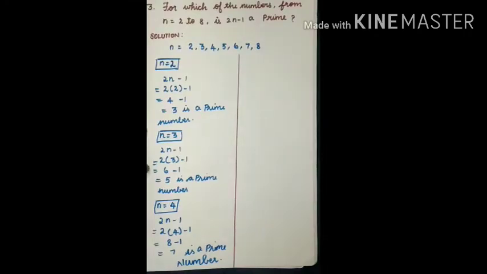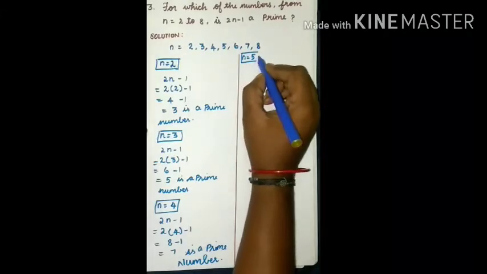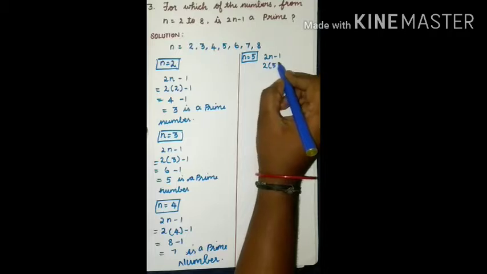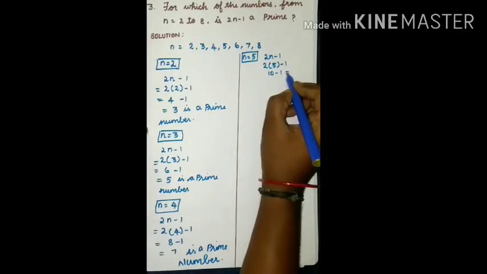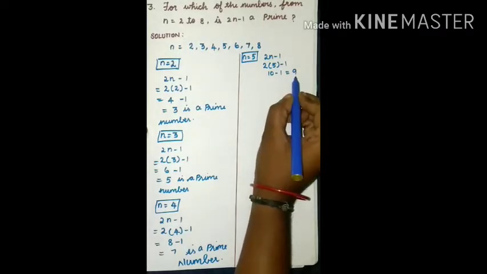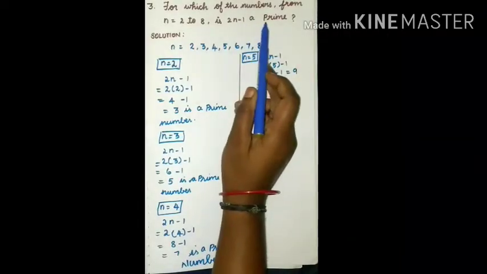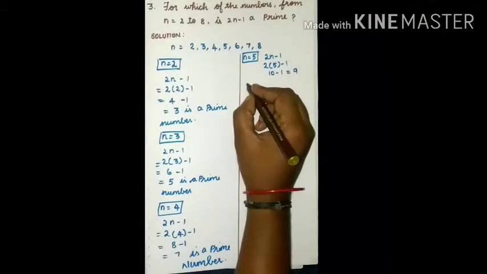And next substitute n value as 5: 2 into 5 minus 1. 2 5s are 10. 10 minus 1 is 9. 9 is not a prime number. In the question it is given that 2n minus 1 should be prime, and here 9 is not a prime number.